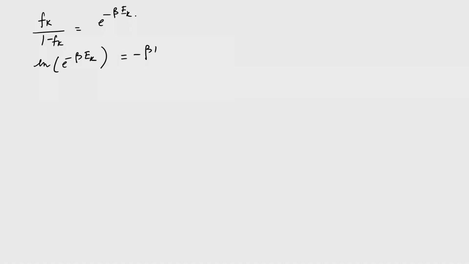Let us look at the other things as well. So, now you have f_k/(1 − f_k) equal to nothing but exponential of −βE_k, and the log of exponential of −βE_k is equal to −βE_k, and so this is of course equation number 3.